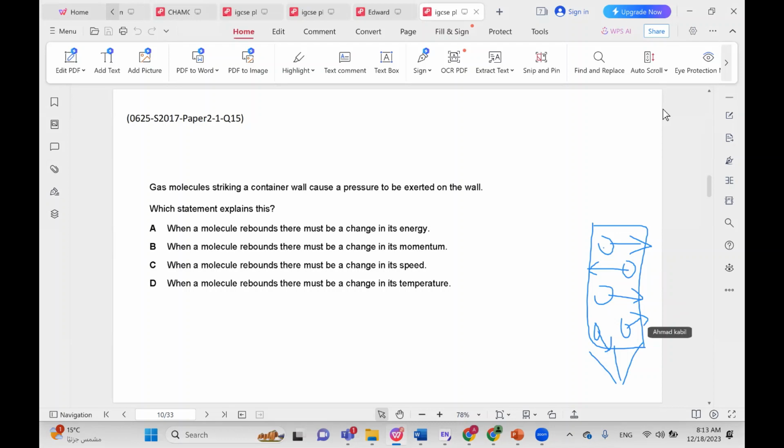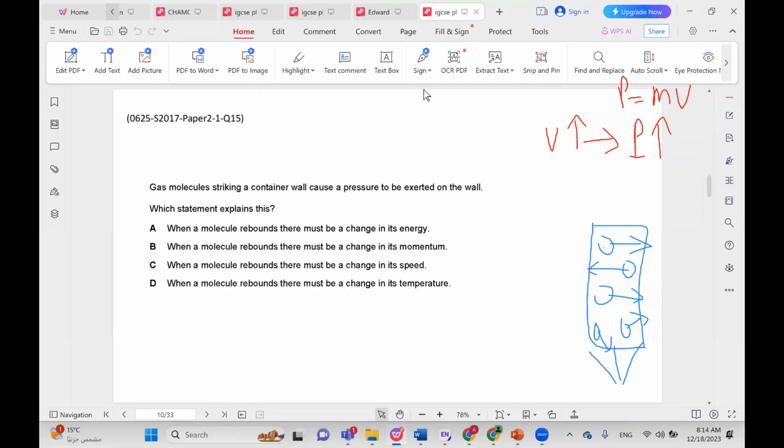And from mechanics, you should know that greater speed means greater momentum. What is momentum? Momentum can be expressed as P or M or whatever. P is equal to the mass times the velocity of an object. This has to do more with mechanics, but it's relevant here. So as the speed of the molecules increases, their momentum increases.